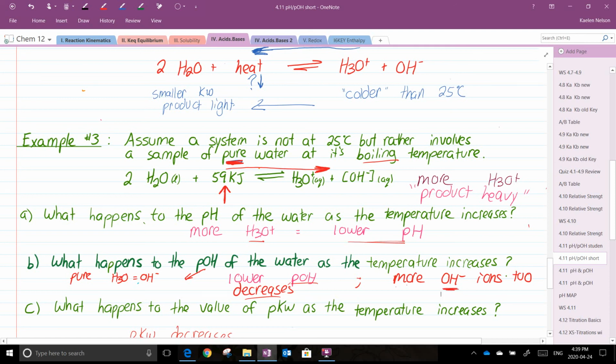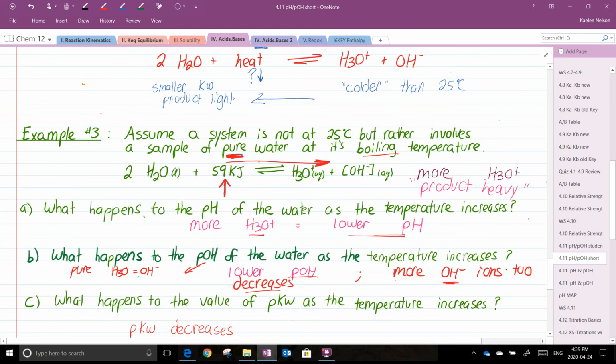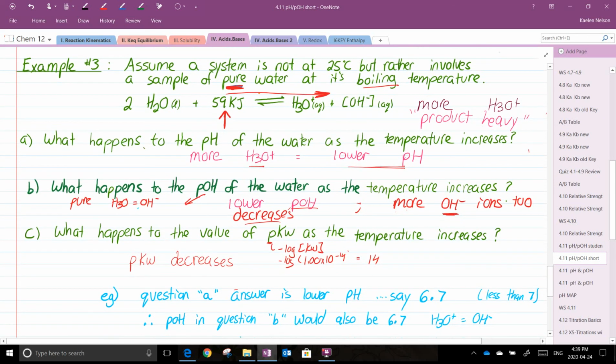And what will happen to the value of pKw? So pKw is something you haven't seen before, but P means negative log of everything, and Kw, and you know Kw is 1.00 times 10 to the minus 14. So when you work that out, you're usually expecting to get an answer of 14. However, we are not at 25 degrees. So 14 would be if this question was at 25.